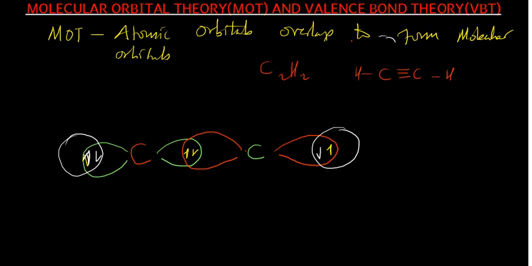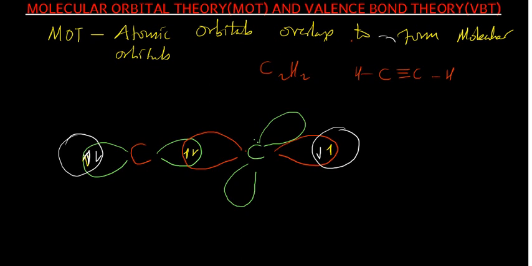But remember, in sp hybridization, two p orbitals were unhybridized. So those two orbitals which were unhybridized, we are going to show them. This will be the first p orbital which is unhybridized. Let me just draw it so that it looks much smarter. Okay, that's the first one.